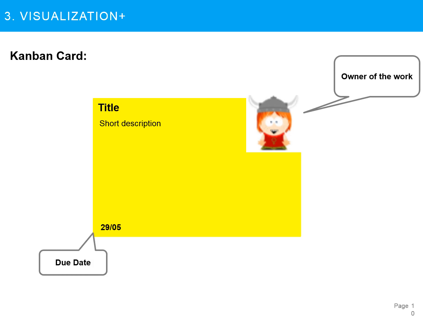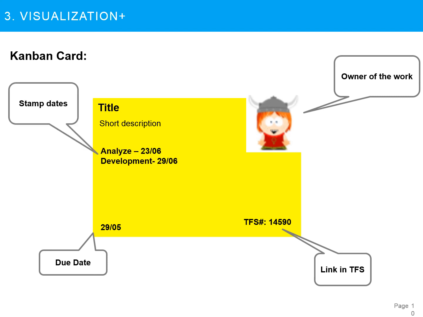Deadline. So this task or this user story is to be done by a certain date. An electronic archive, as in most cases, not all the information can go on this little sticky note. You can stamp the card also when it enters a column or a stage or a phase in your process.